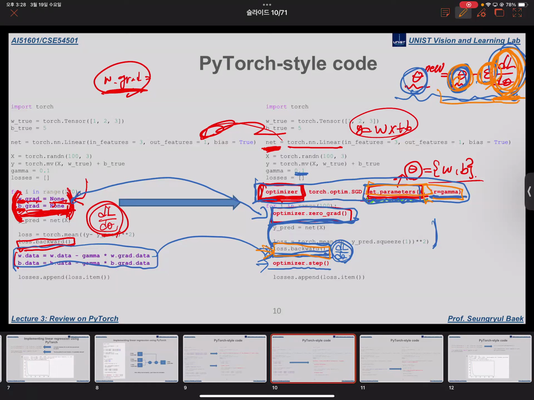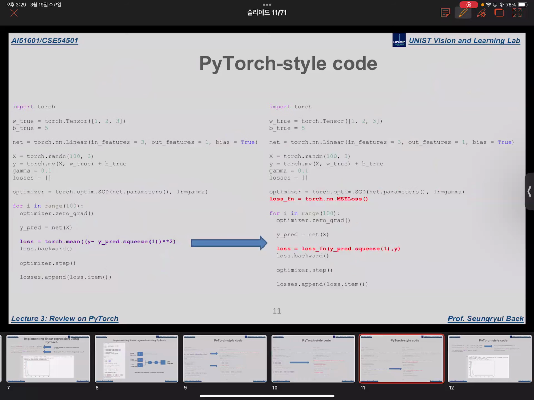And the thing remained is just calculating this formula, okay? And that is actually happening with calling this optimizer.step function, okay? And this is appending the loss for visualization purpose, okay? So the same code here could be replaced with this line of code, okay?